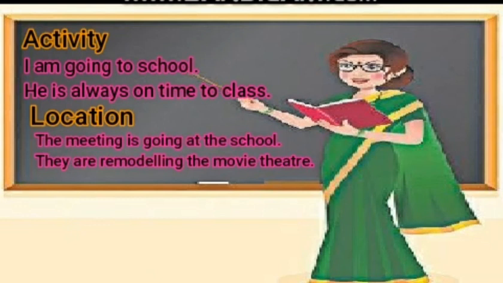They are remodeling the movie theater. So here, movie theater is a location, so we are using "the" here. So in such cases we have to use "the", my dear children.